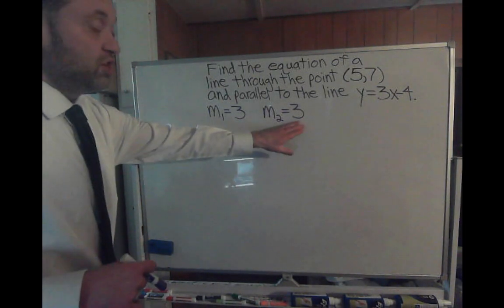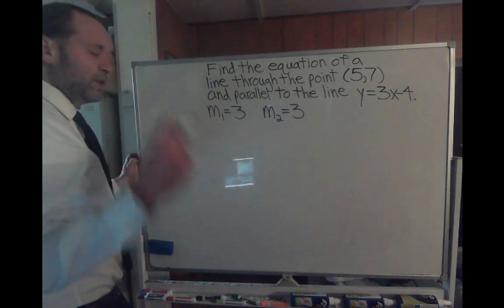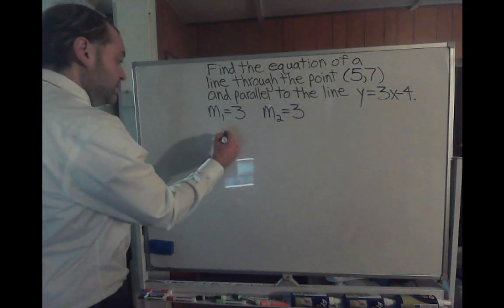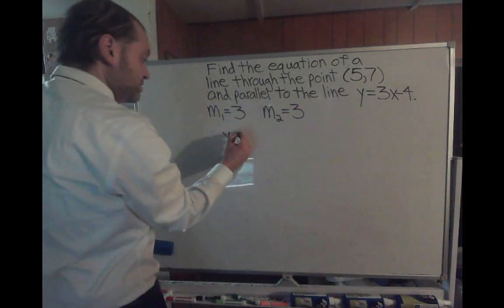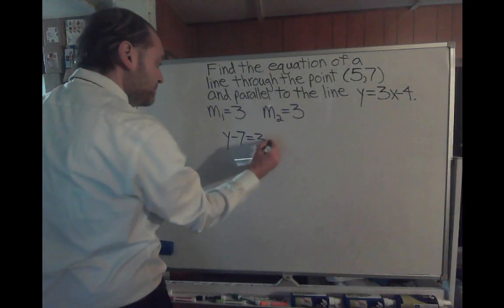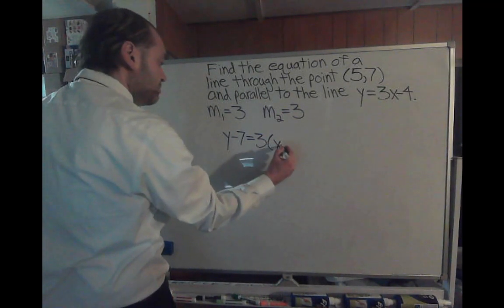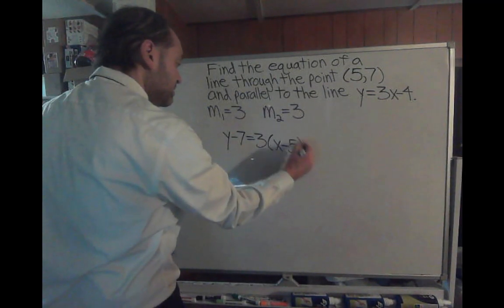Now that we know the slope of that line, let's put this into point slope form. So take your y minus the y coordinate of the point it passes through, which would be 7. That's going to be equal to your slope of 3 times x minus the x coordinate of the point it passes through, 5.